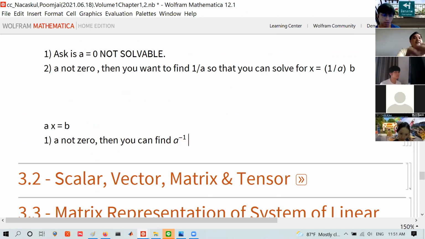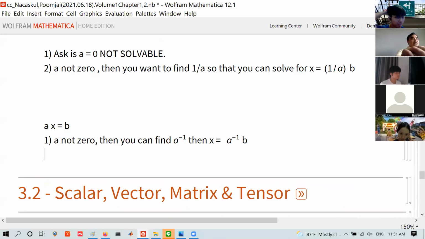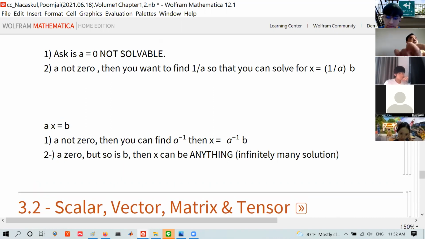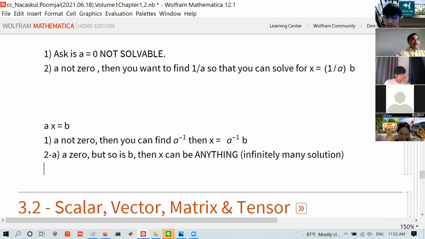Then X is equal to A inverse B. If it's not solvable, two things happen. 2A: A is 0, but so is B. Then X can be anything, infinitely many solutions.